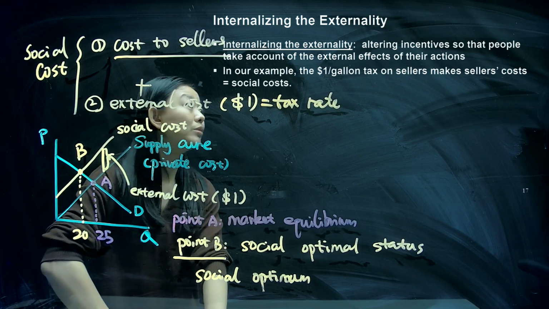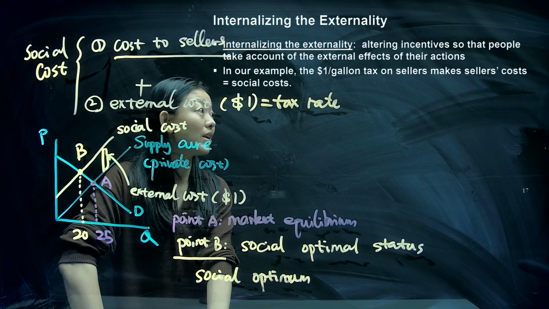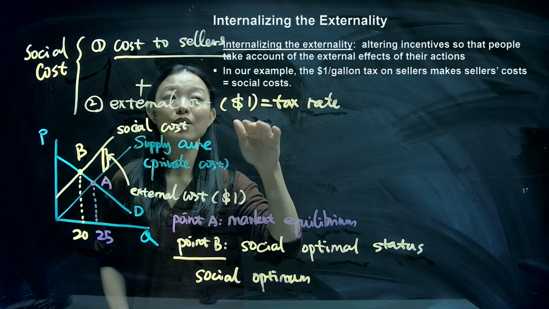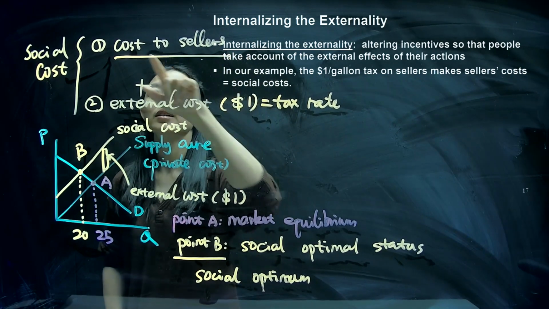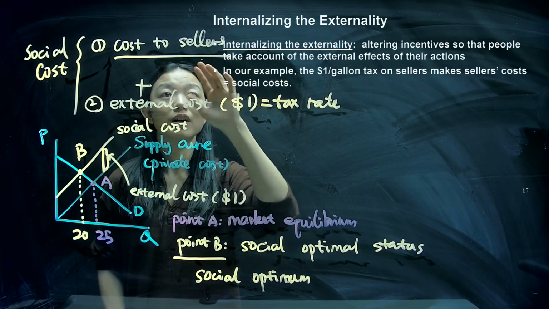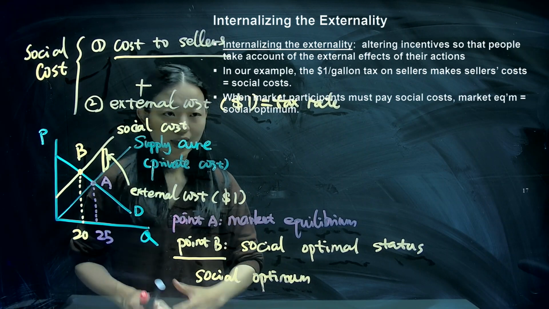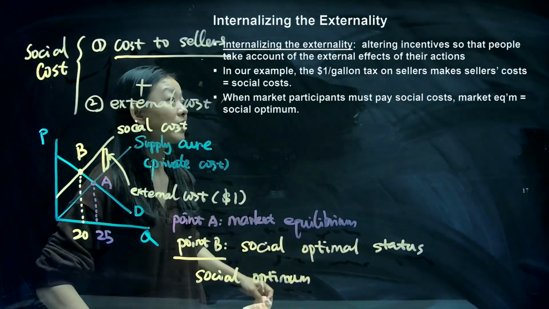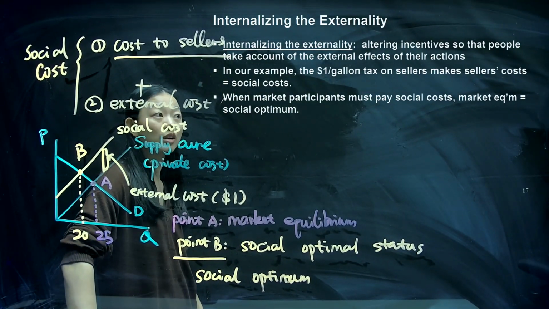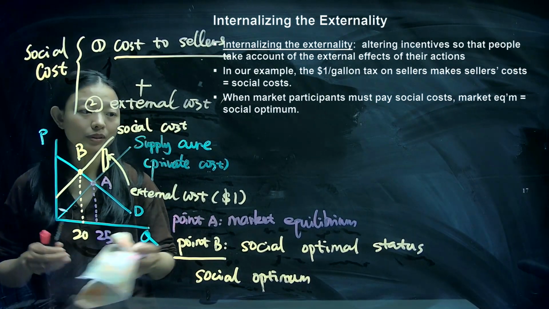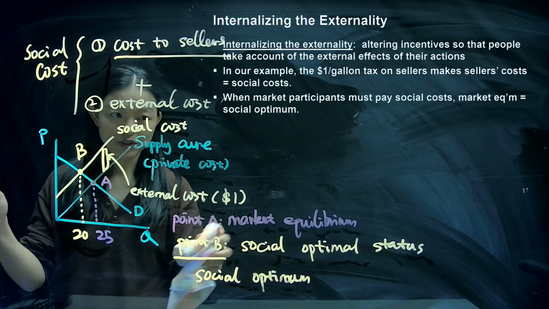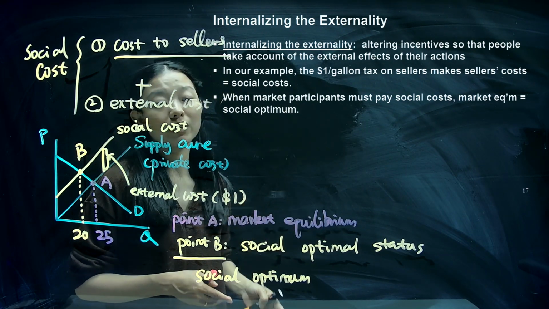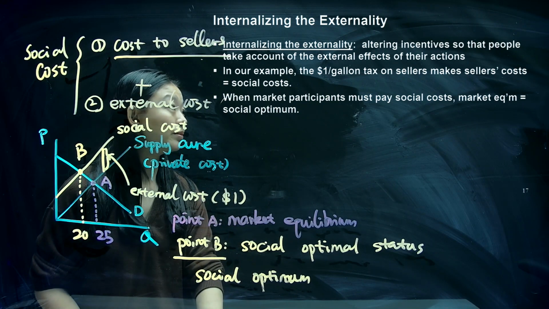In our example, a $1 per gallon tax on sellers will make the sellers' cost equal to the social cost. When market participants must pay the social cost, the market equilibrium will equal the social optimum.